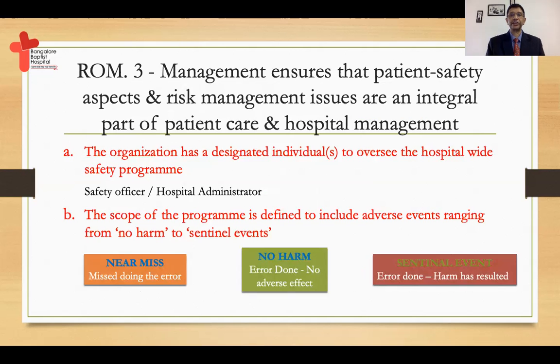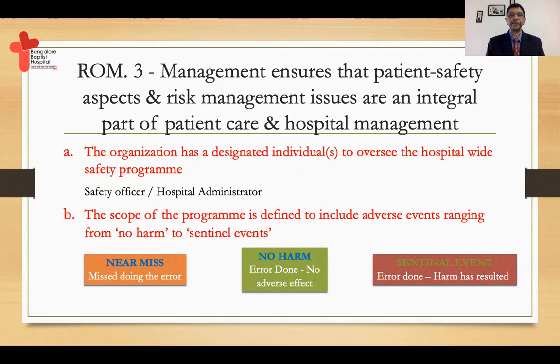ROM 3. Management ensures that patient safety aspects and risk management issues are an integral part of patient care and hospital management. ROM 3A. The organization has a designated individual to oversee the hospital-wide safety program. This can be a safety officer or a hospital administrator.